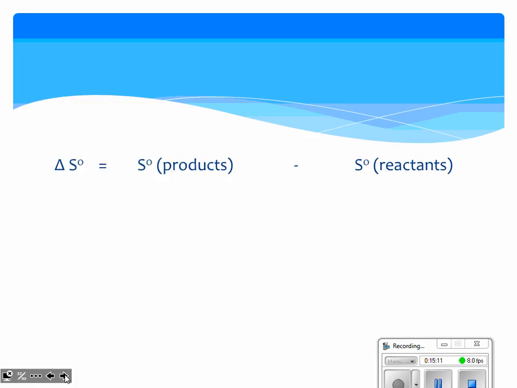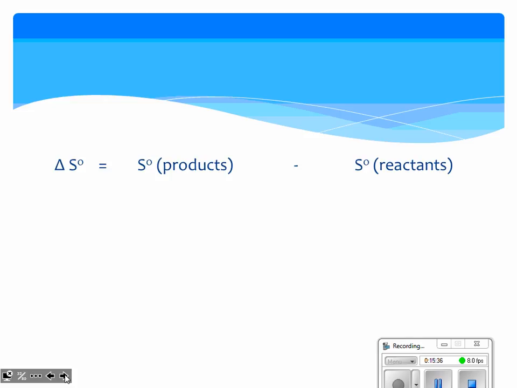Now, look back at that equation that I just gave you. What are the products? What is the product of that equation? It is only one. It is water in the liquid state, right? Because where are the products at?